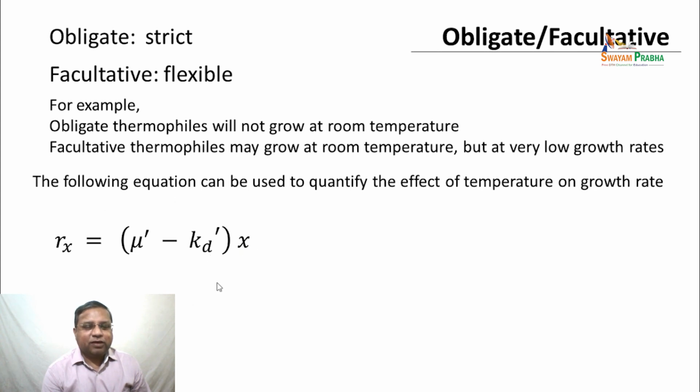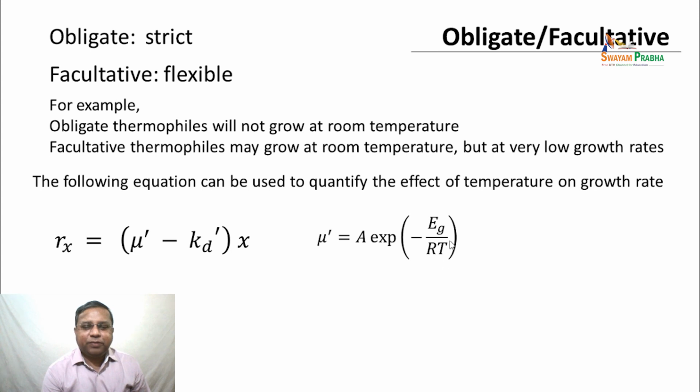Okay, a constant times x, a first order rate expression. The constant itself has two parts, mu dash minus kd dash, where mu dash is given by an Arrhenius expression, a exponential minus Eg by RT. Eg is the activation energy for growth. This is a typical Arrhenius form.